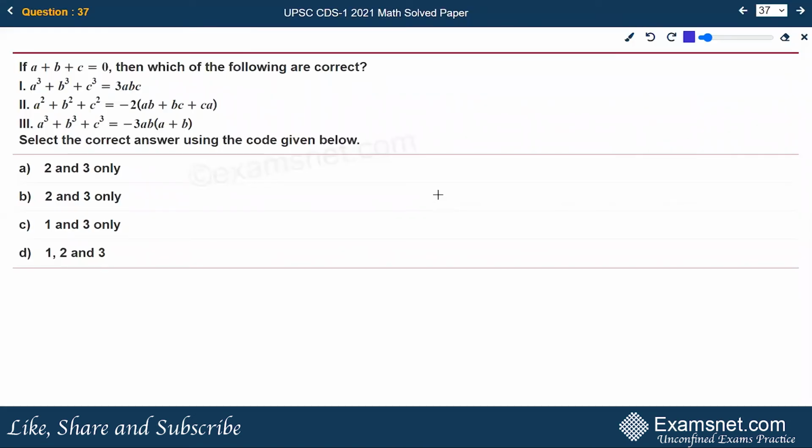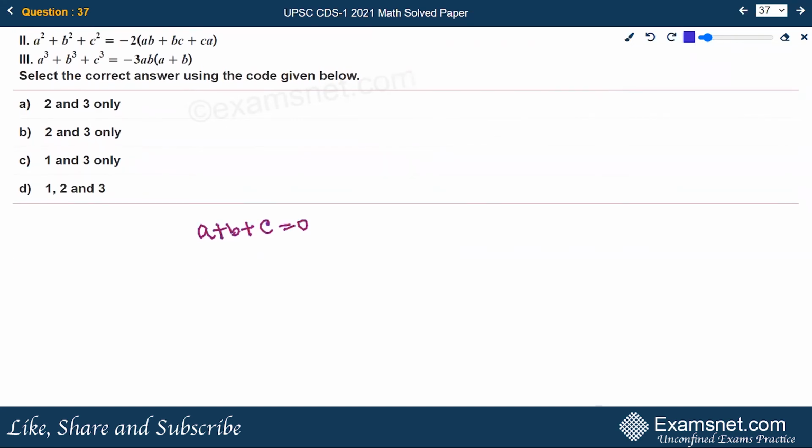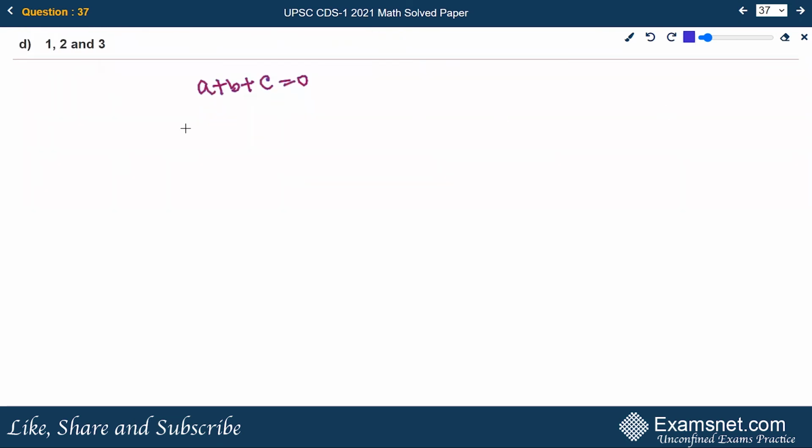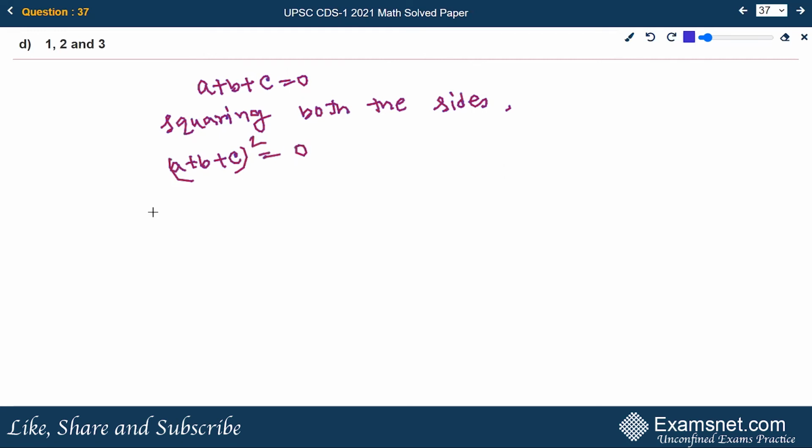In question number 37, we are given: if A plus B plus C equals 0, then which of the following are correct? First let me take the given expression, that is A plus B plus C equals 0. Now, squaring both the sides, I will get (A plus B plus C) whole square equals 0 again.